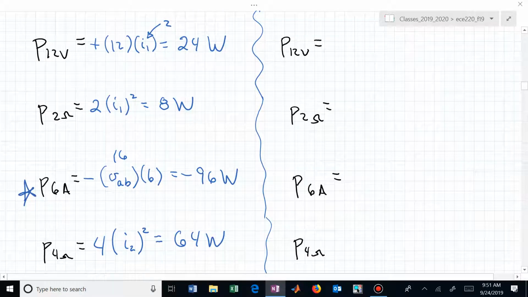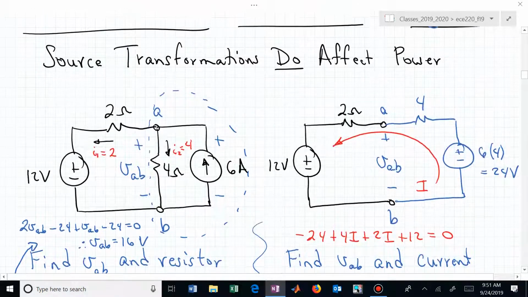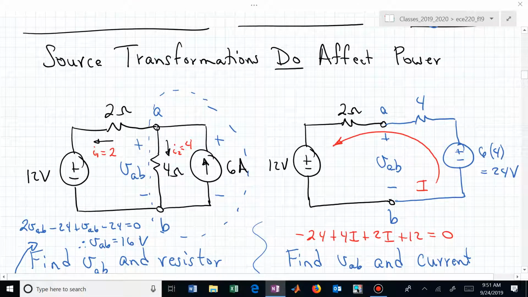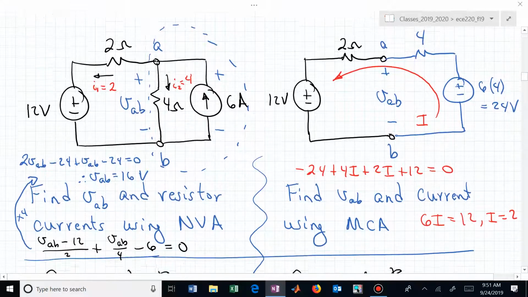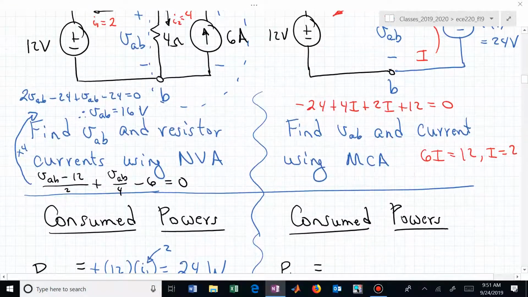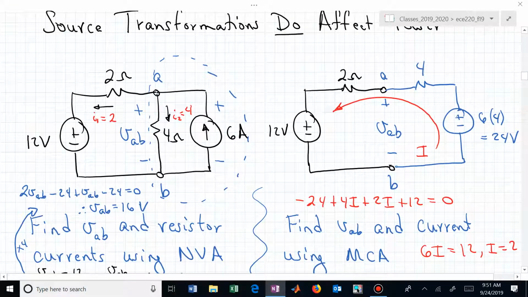And here is the one that we want to pay attention to in terms of comparing this 6 amp current source. That was in our supply, or the source that we transformed. We want to compare that with this 24 volt source that we found the equivalent source for. Let's now do the same thing over here on the right. What's the power of the 12 volt source?